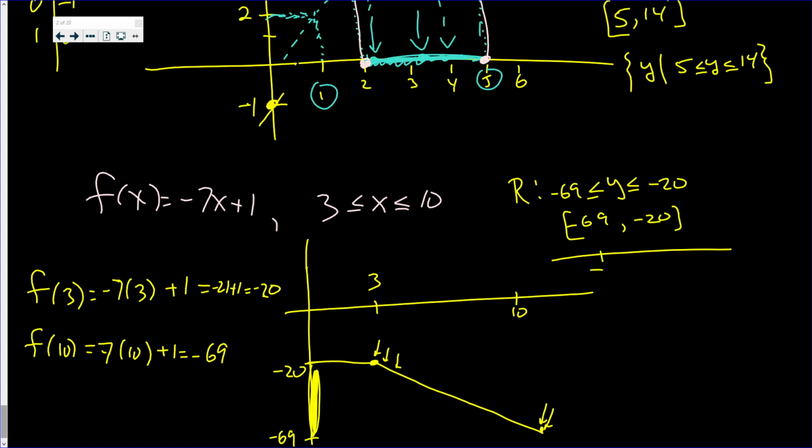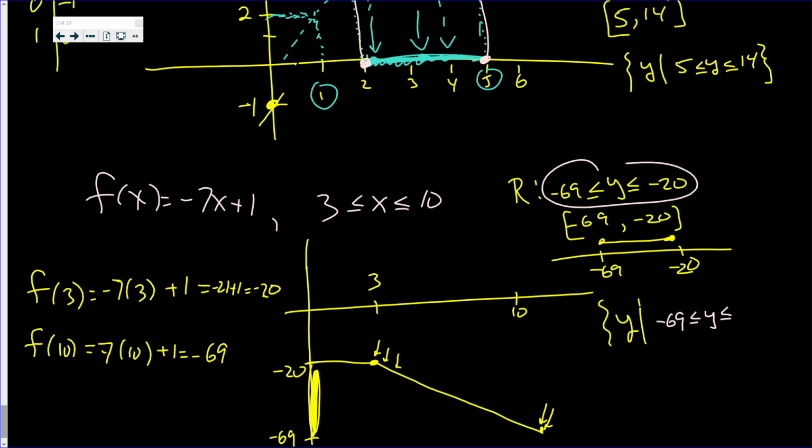On a number line, negative 69 to negative 20, include them. In set builder notation, the set of all y's such that y is in between negative 69 and negative 20.